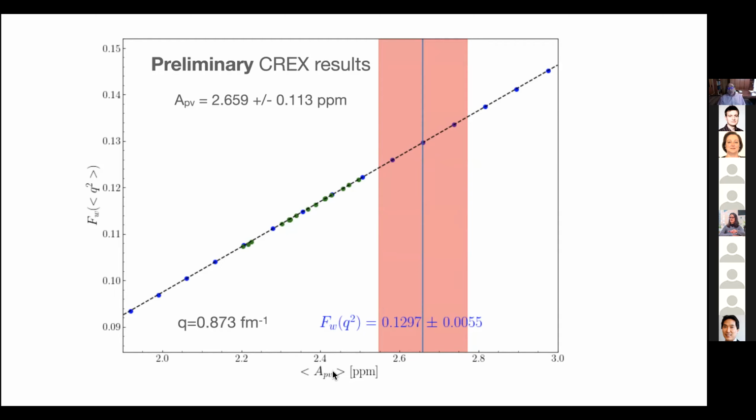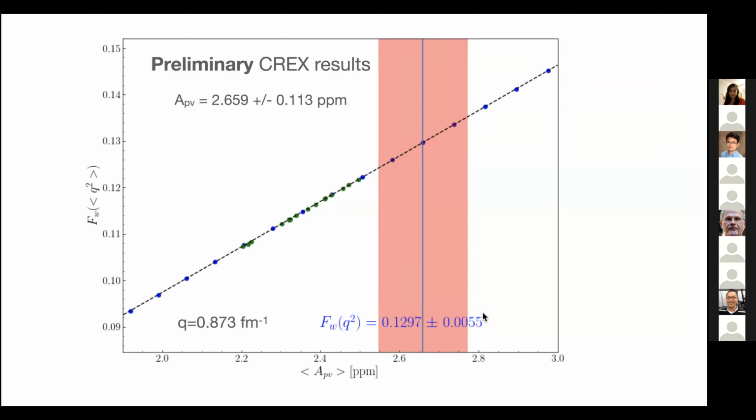And then for that weak charge density, you take its Fourier transform, which is the weak form factor. You take the Fourier transform at this average momentum transfer. And so this is the way we deduce the weak form factor of calcium-48. So the Fourier transform of the weak charge density of calcium-48 is 0.13, and this is a 4.5% error. Basically, it's equal to the error in the parity violating asymmetry.